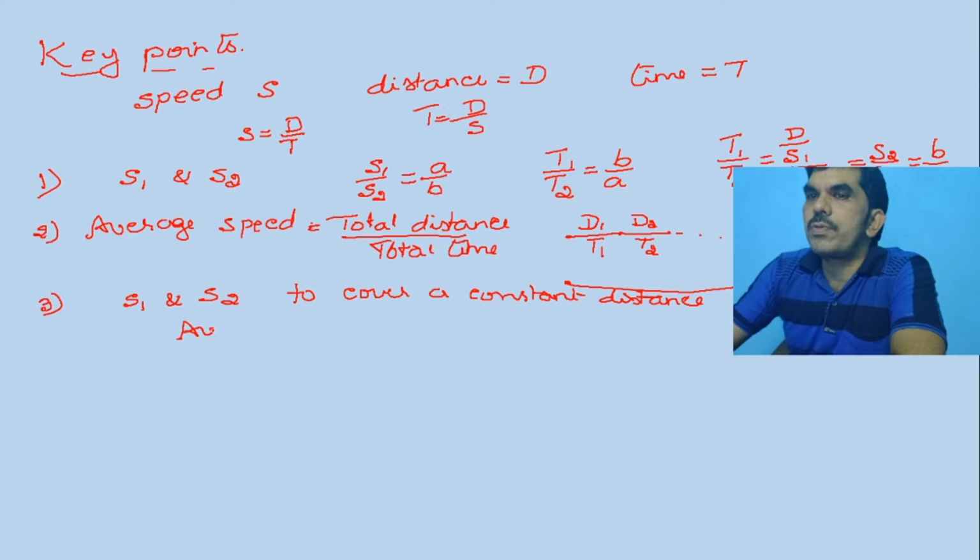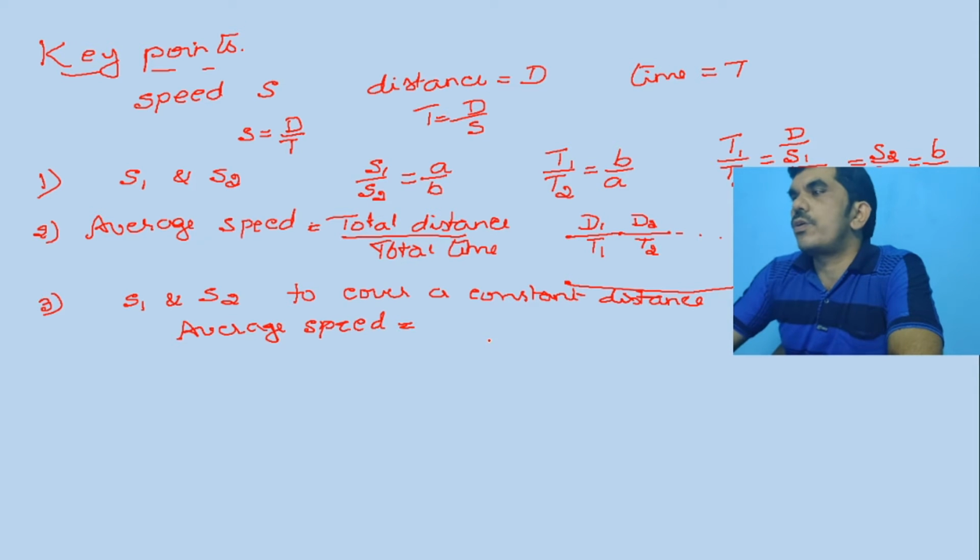Then average speed equals 2s1s2 divided by s1 plus s2. So when two objects are moving at speeds s1 and s2 to cover a constant distance, the average speed is 2s1s2 by s1 plus s2.